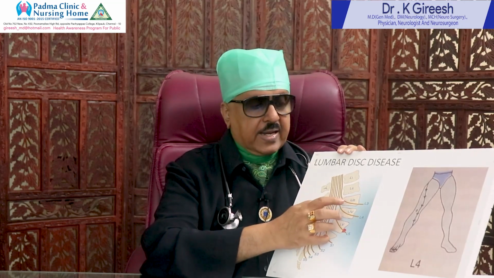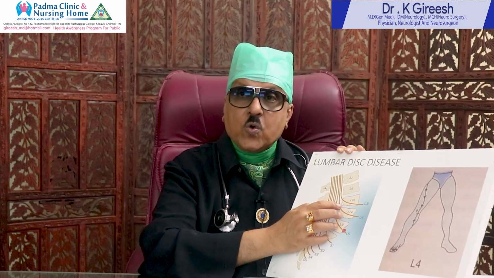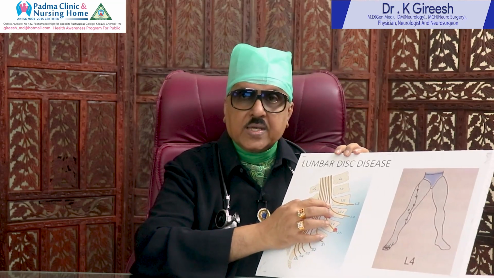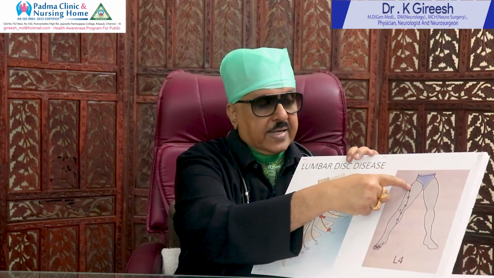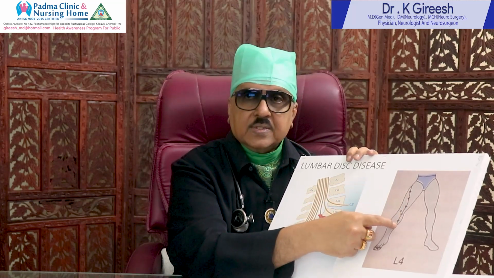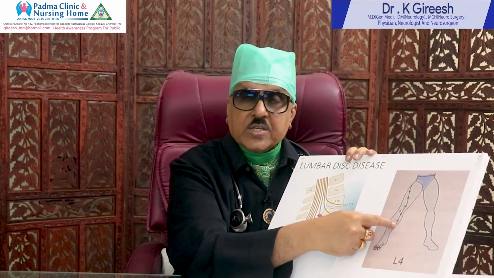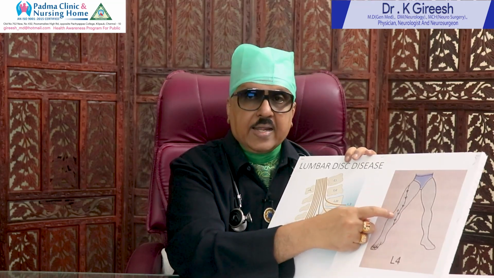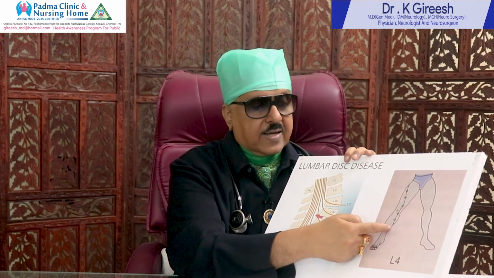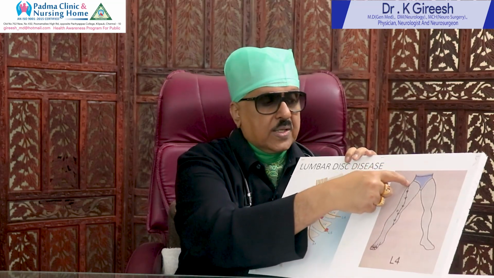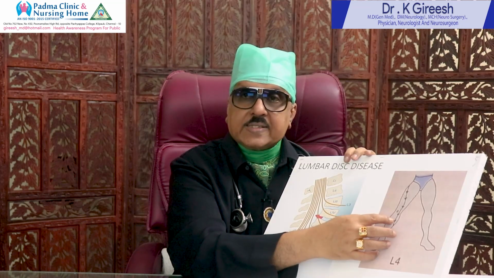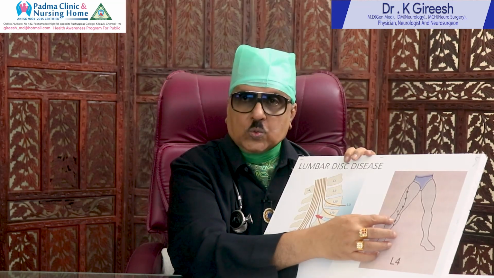When the L4 root is compressed, the pain will be radiating like this. The pain and paresthesia radiate to the hip, the anterior thigh and the medial aspects of the knee and the calf. This is how the pain radiates for an L3, L4 disc compressing the L4 root.